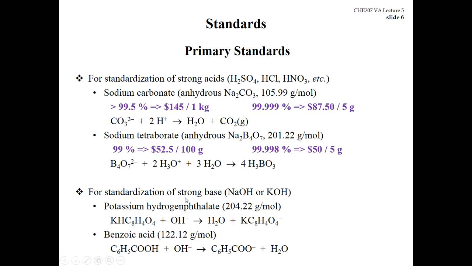To standardize a strong base, we often use potassium hydrogen phthalate or benzoic acid. Again, you see here the molar masses are quite high, and the chemical reaction can be expressed in the chemical equation given here.